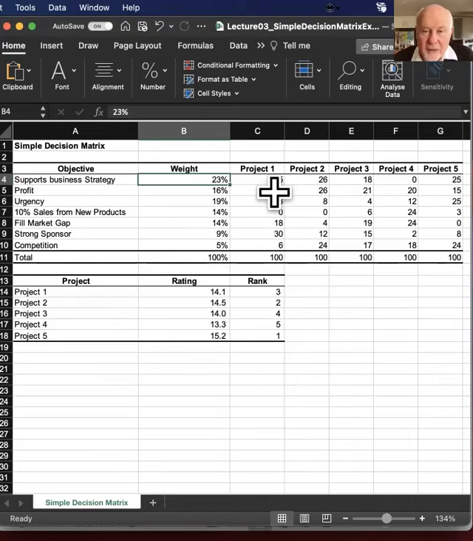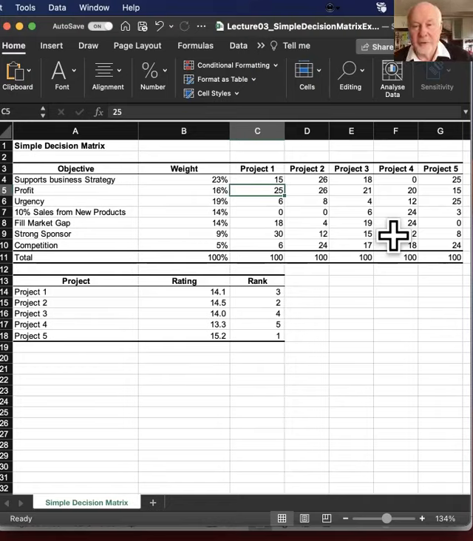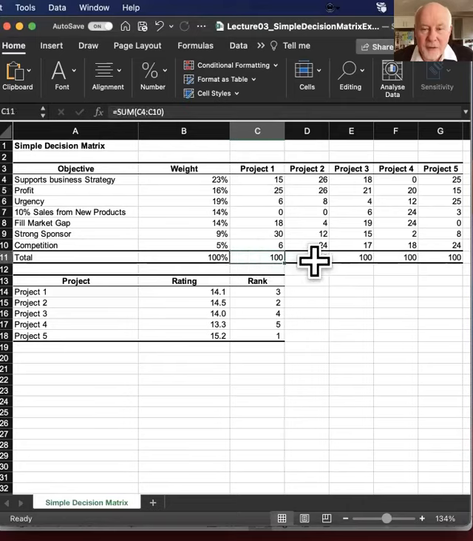Let's do it that way. And with the ratings, you can say to people, you've got 100 points and you need to distribute them as you see fit on the objectives to each project. If you don't do that, there's a bit of mathematics you can do to have that effect afterwards, and we'll get to that later on.